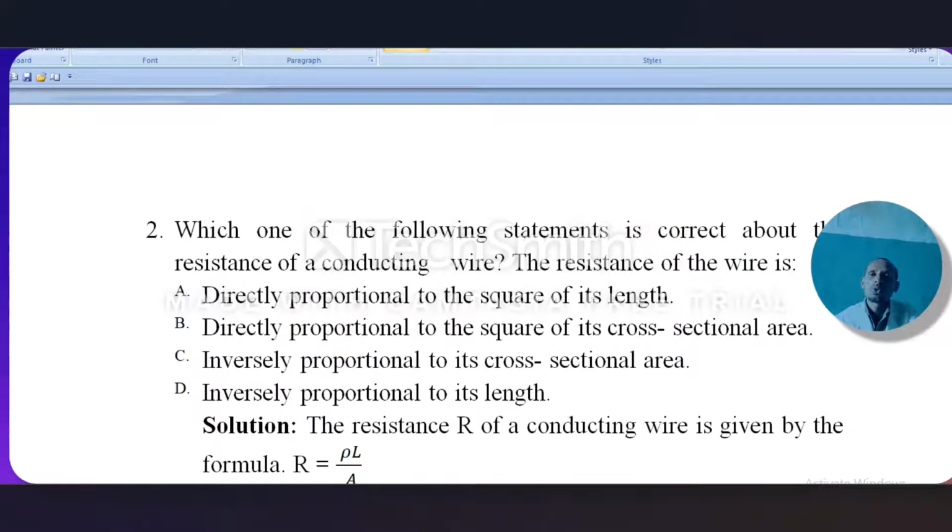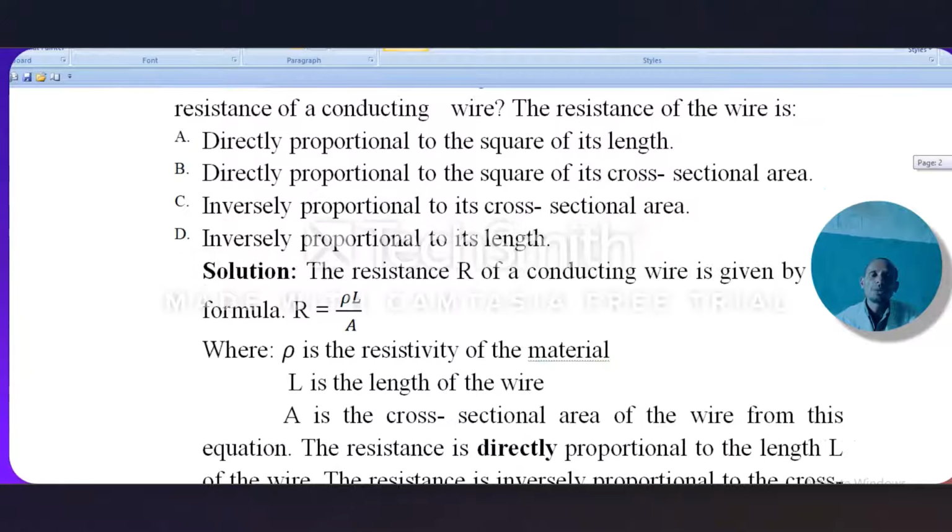When we come to the solution of this question, the resistance of a conducting wire is given by the formula R equals rho L over A, where rho is the resistivity of the material, L is the length of the wire, and A is the cross-sectional area of the wire.